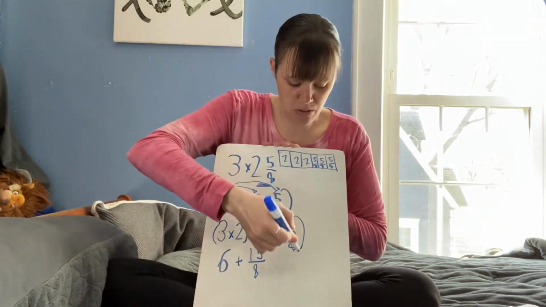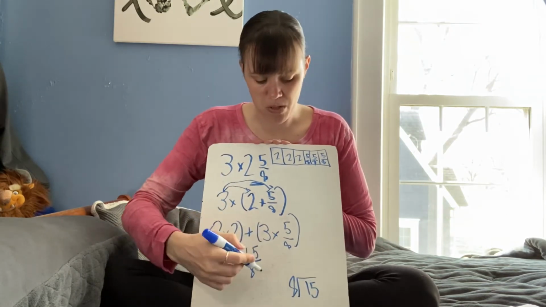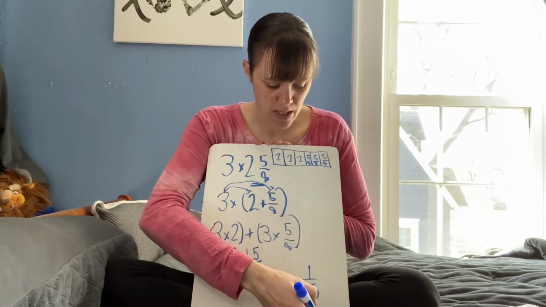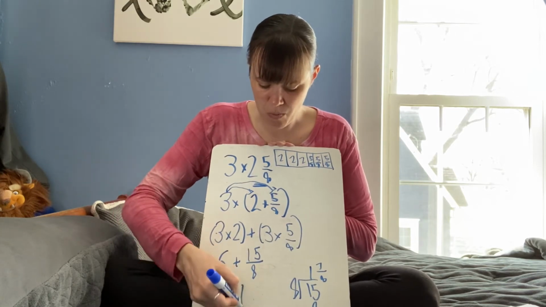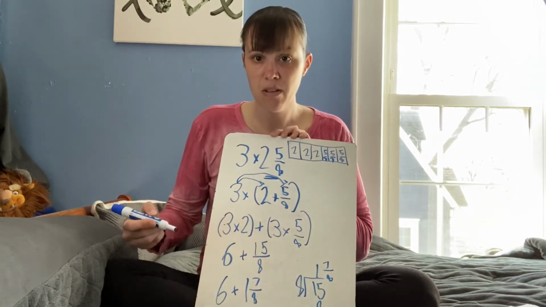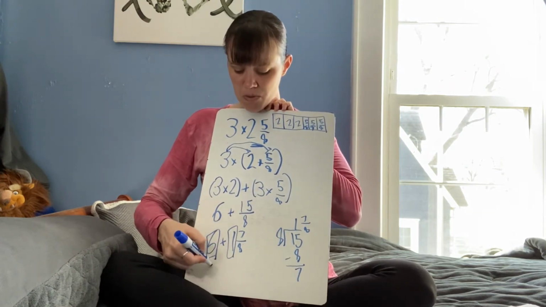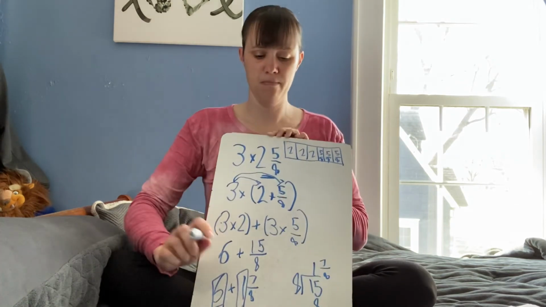Change this to a mixed number. Once, what do we get? 7/8. So we have 6 plus 1 and 7/8. Add your whole number. 6 plus 1 is 7 and 7/8. It worked.